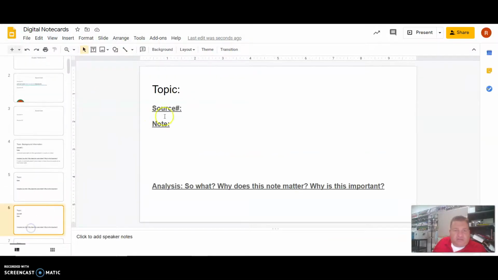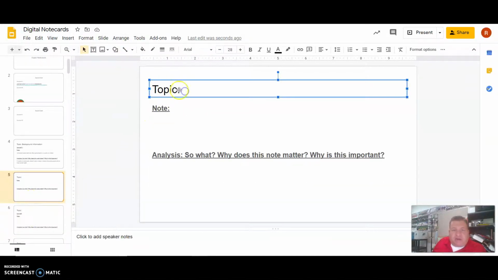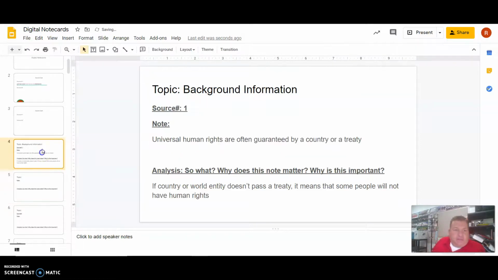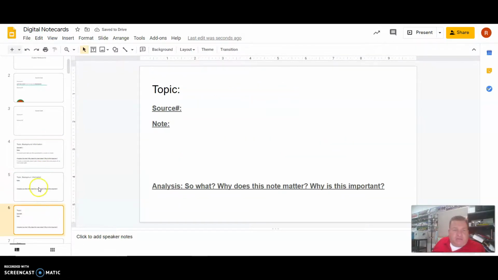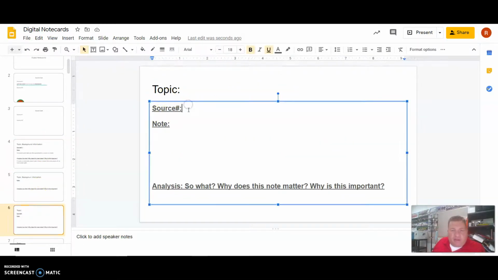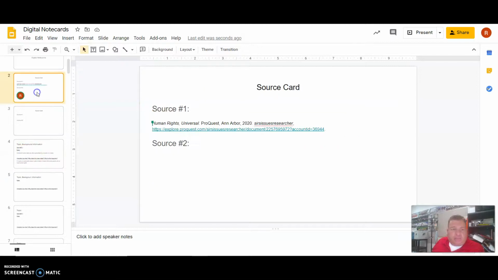Let's model it again: background information. My source is source one, and then I'm going to take my note and put it down here. It's going to look very similar, and you're going to go throughout.